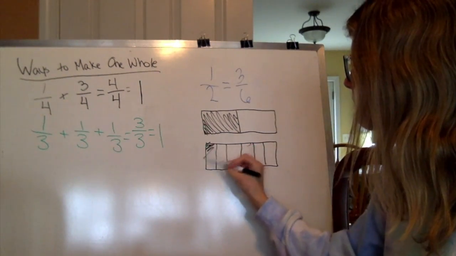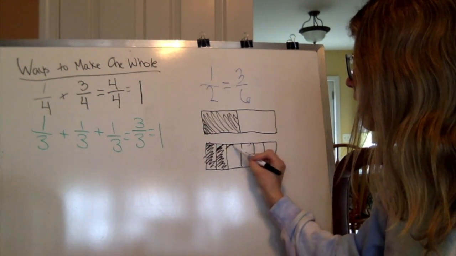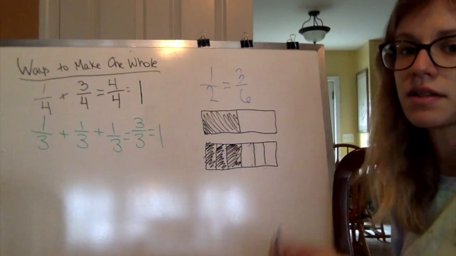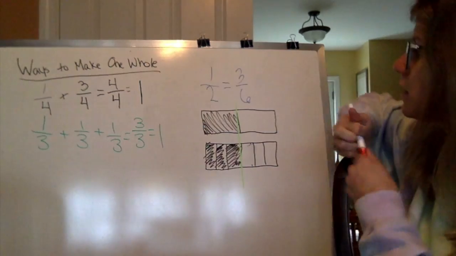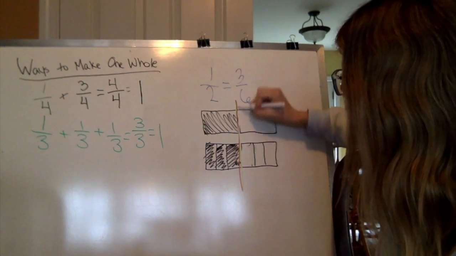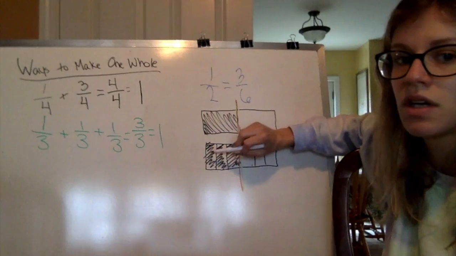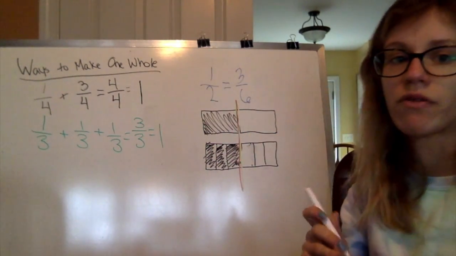So 1, 2, 3. Here I have 3/6 of my fraction labeled in. So here I can see pretty easily that 1/2 is equal to 3/6 because I have 1/2 and then 3/6, and they're the same amount of my fraction bar filled in.